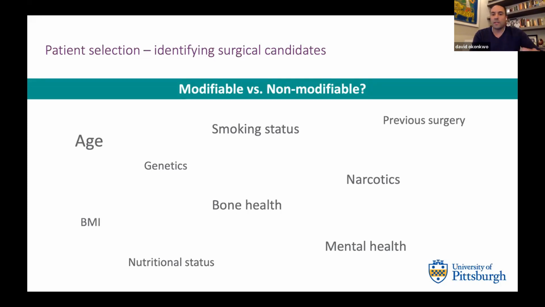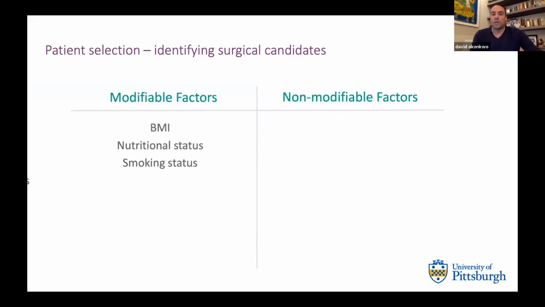But there are so many things that go into the patient selection process in clinic, and working through so many things that impact success in the operating room as defined by the patients you select and the choices you make in clinic.